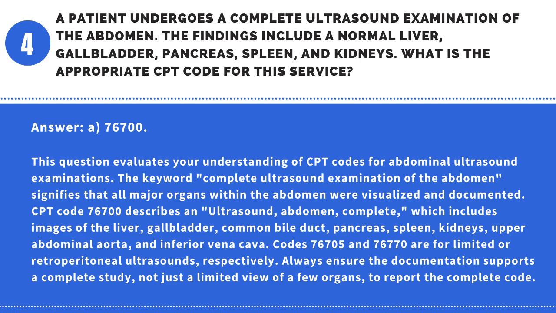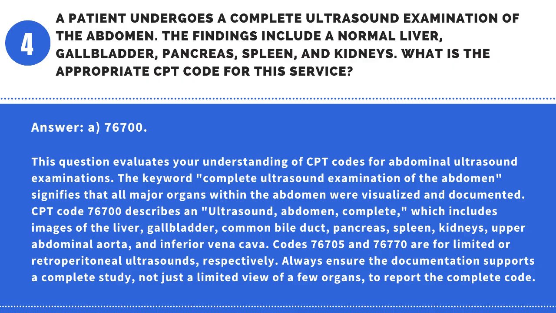76700. This question evaluates your understanding of CPT codes for abdominal ultrasound examinations. The keyword complete ultrasound examination of the abdomen signifies that all major organs within the abdomen were visualized and documented.